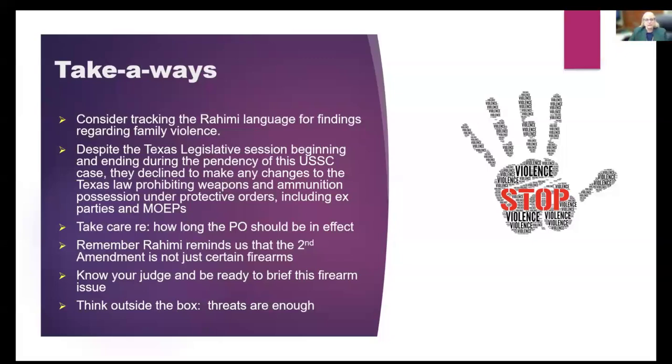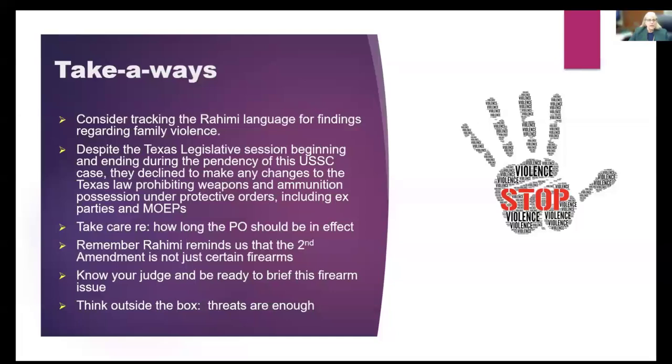But the Texas legislature hasn't changed, and it'll be interesting now. I would think that this means they don't have to change. We were very concerned because, as many of you know, how dangerous it is and how often guns are used to threaten and kill our victims of domestic violence.